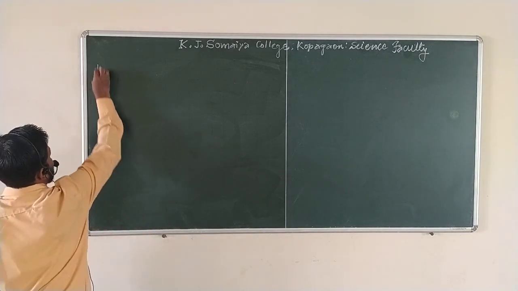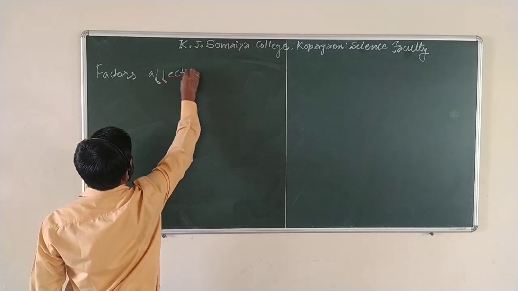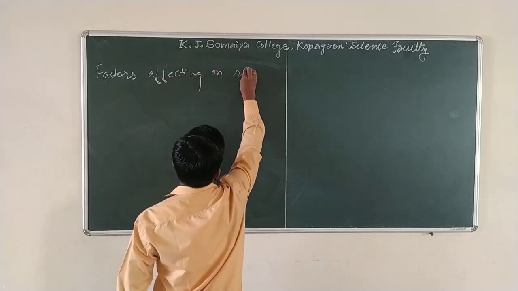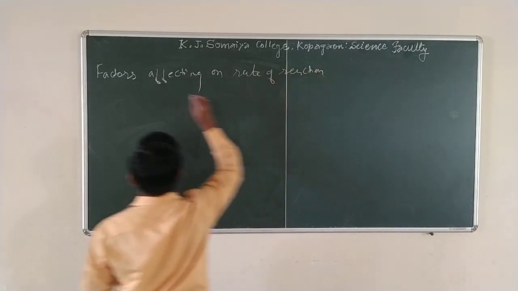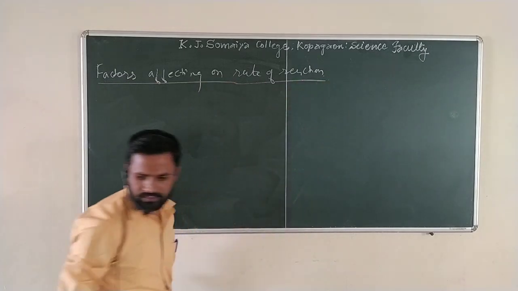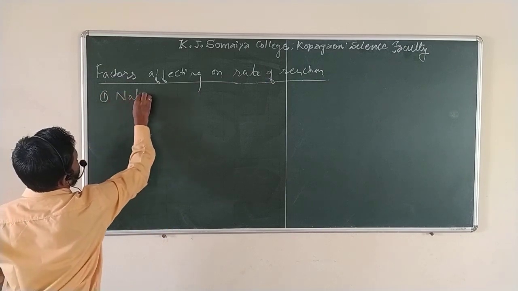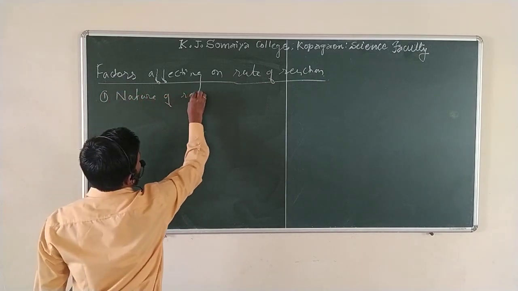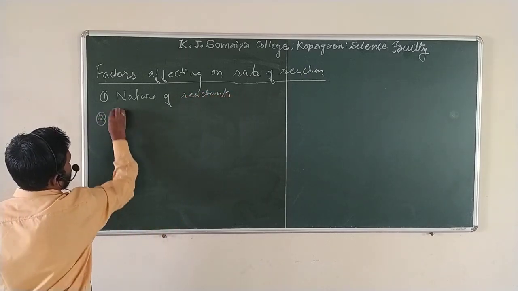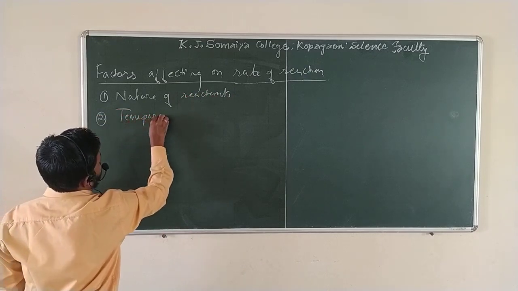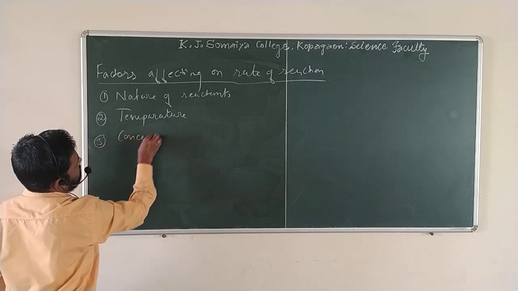Next I will come to factors affecting rate of reaction. There are 5 to 6 factors which can affect the rate of reaction. First is nature of reactants. Second, temperature. Third one, concentration.